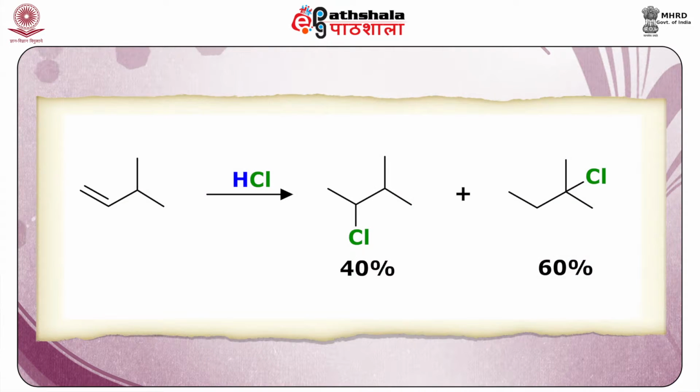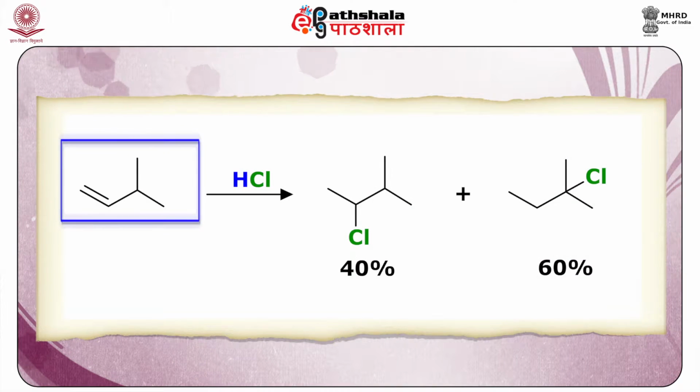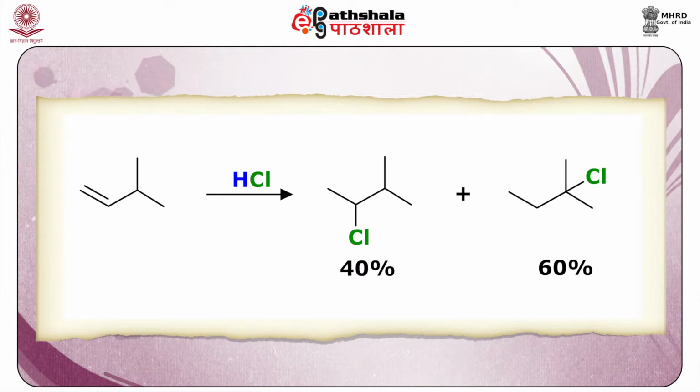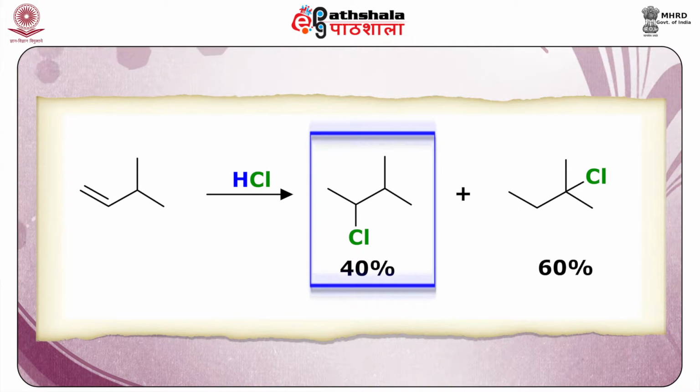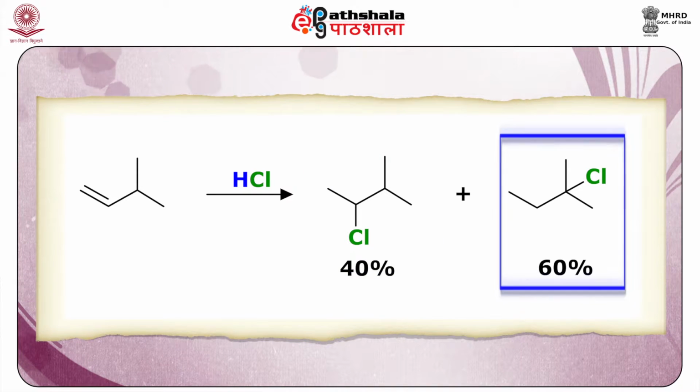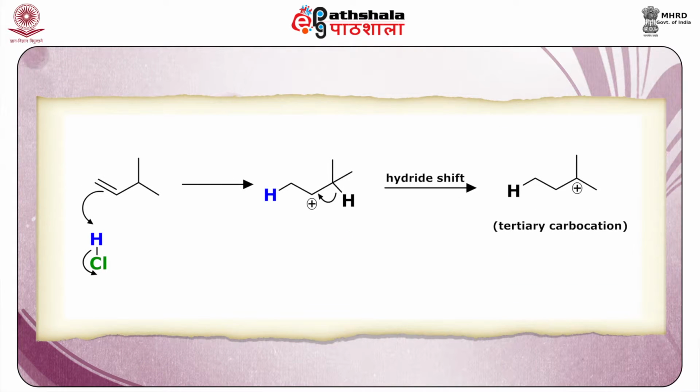For example, the addition of HCl to 3-methyl-1-butene is expected to produce 2-chloro-3-methylbutane, but a mixture of 2-chloro-3-methylbutane and 2-chloro-2-methylbutane is obtained, out of which the latter is major, and this can be clearly attributed to the rearrangement of the initially formed carbocation to the more stable tertiary carbocation via a hydride shift, as you can see here.